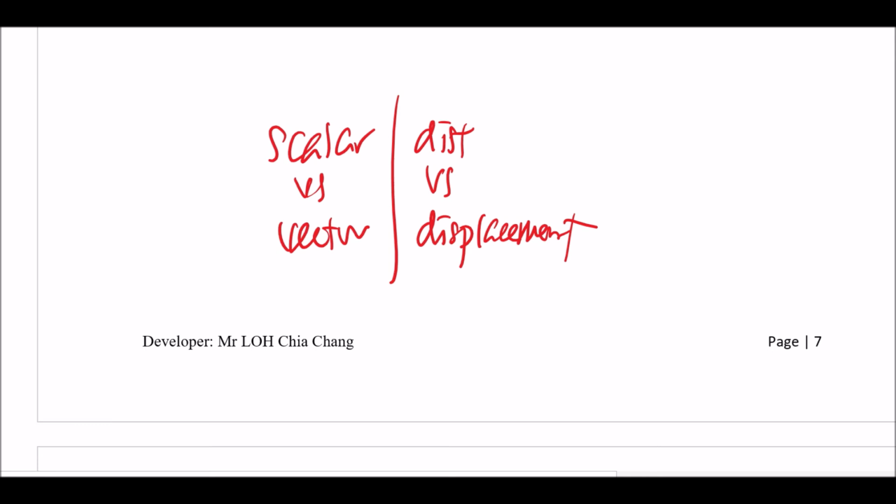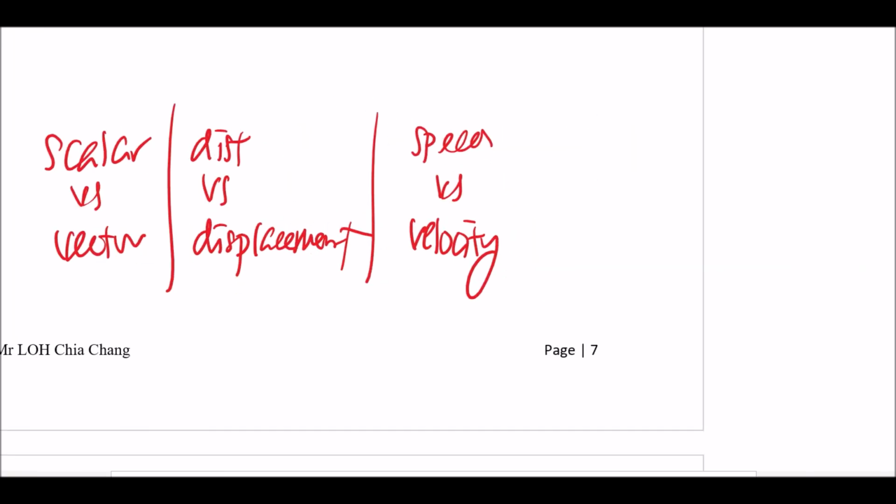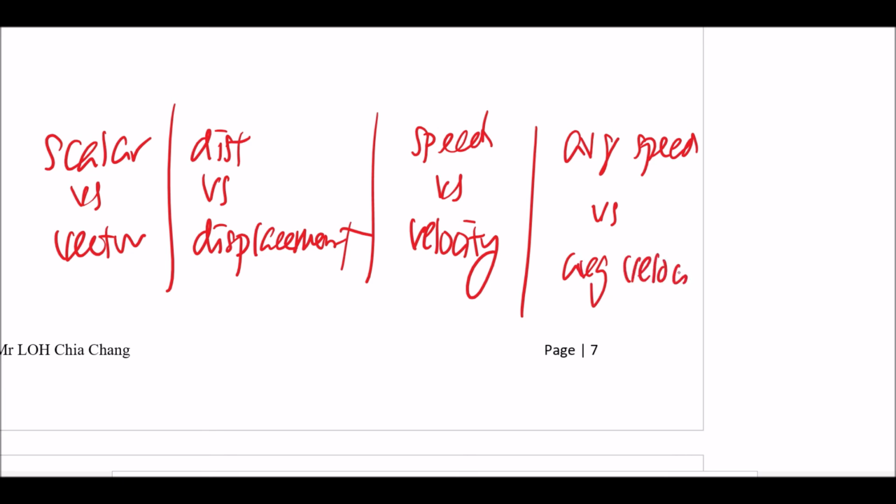We also have speed versus velocity. Again, one is a scalar, one is a vector. We also have average speed versus average velocity. Average velocity is hardly tested, so I'm not taking that into account.